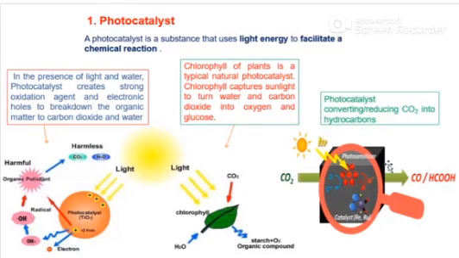So, to briefly describe the working mechanism, a photocatalyst is a substance that uses light energy to facilitate a chemical reaction. There are vast varieties of photocatalysts which use solar light in different ways.